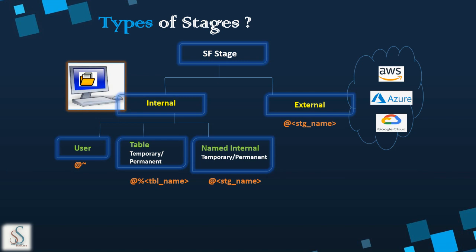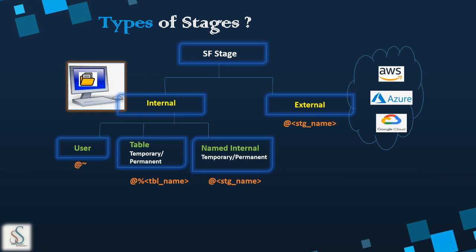User stage means every Snowflake account user will have a user stage. Snowflake will automatically create it for you as soon as the user is created. The user stage is represented with the at-the-rate symbol followed by a tilde. And what is table stage? If you create any table in the Snowflake, a table stage is automatically created for you by the Snowflake, and that is represented with at the rate percent and the table name.